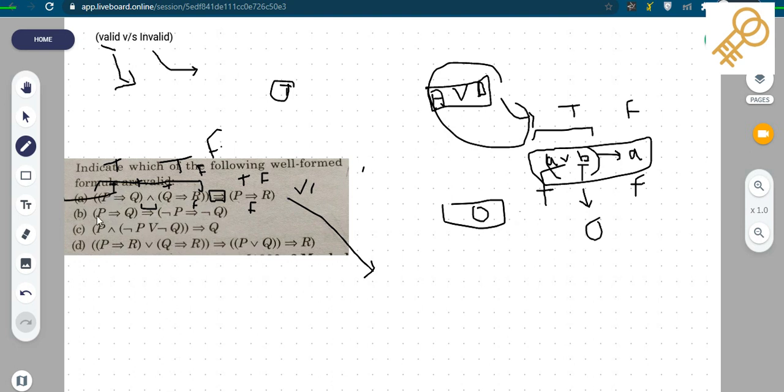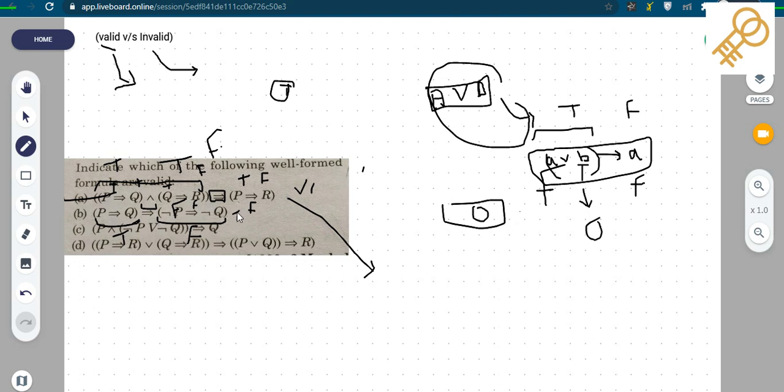Now if you check the second one, you see P implies Q implies this one. So this right hand side should be false and this whole thing should be true to get it as false. Again there is an implication for the whole expression, and this is a negation. If we want this negation of P as true and this whole thing as false, then definitely P will be false and Q will be true.